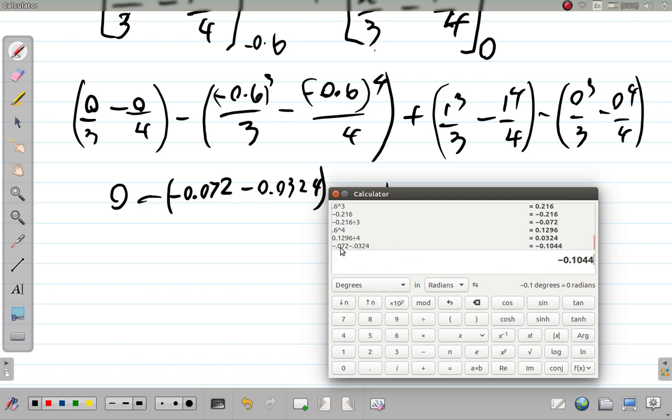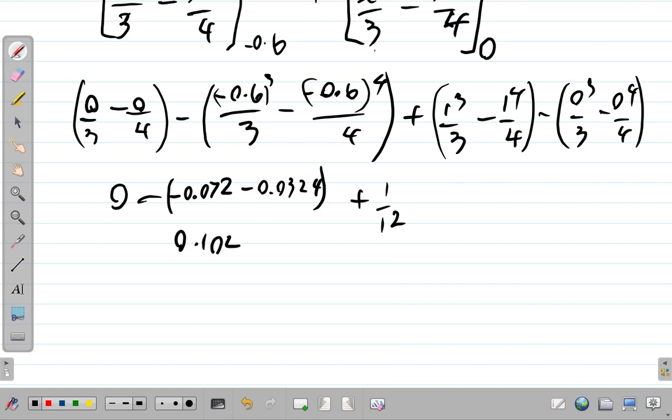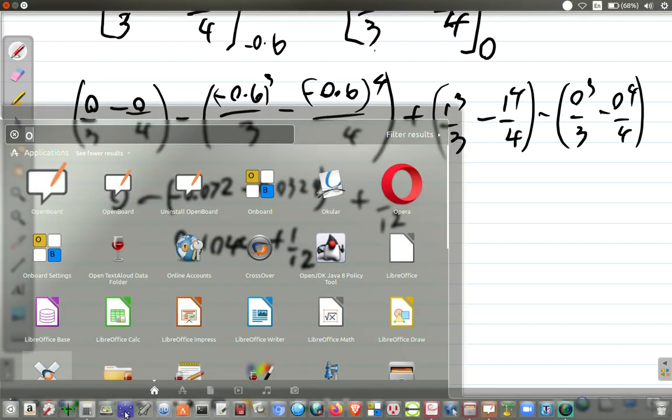So negative 0.072 minus 0.0324 gives you negative 0.1044. But you're minusing a negative, so you will have a positive 0.1044. So 0.1044 plus 1/12.